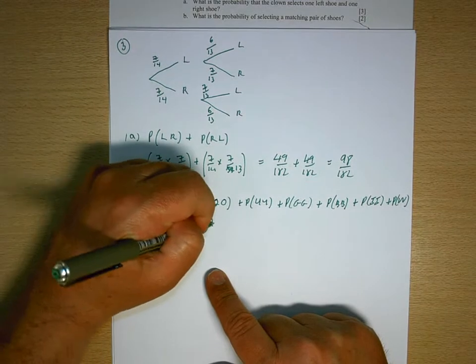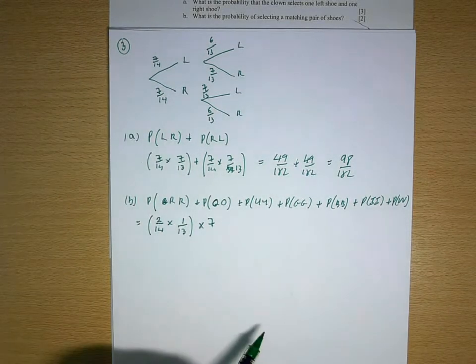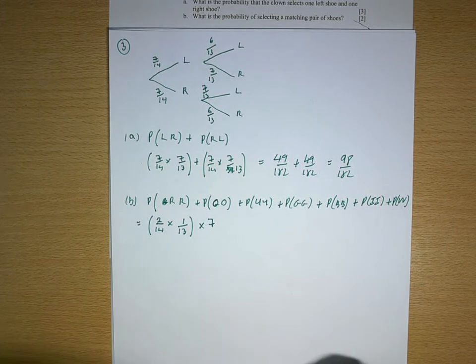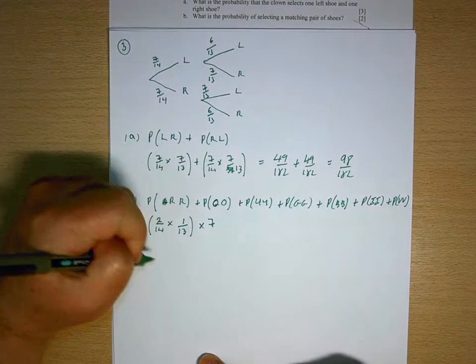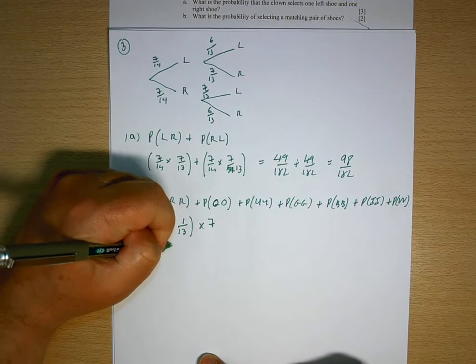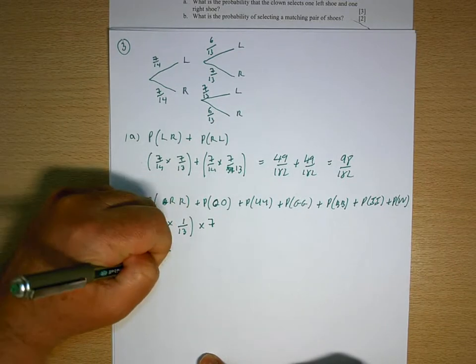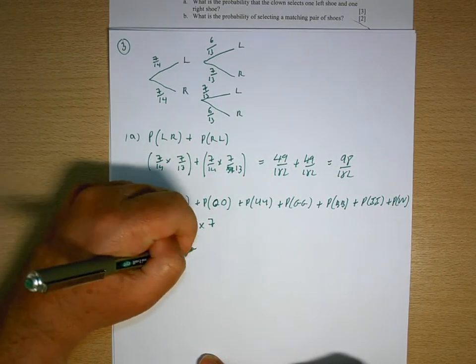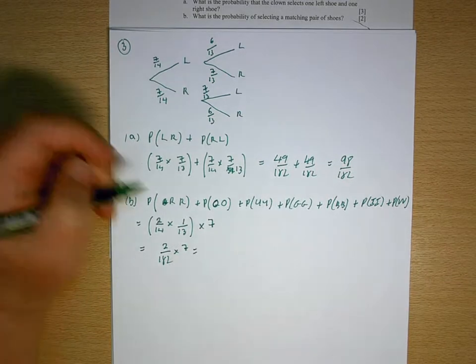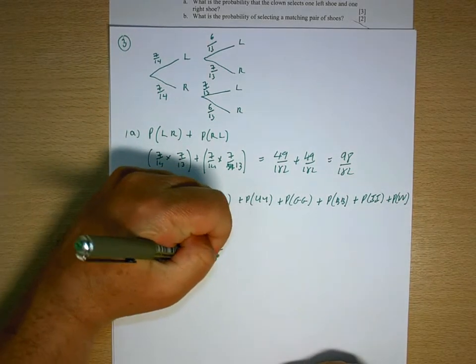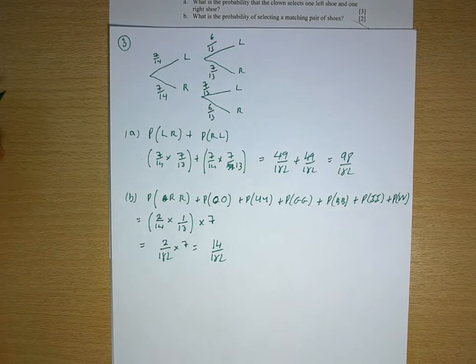So we end up multiplying that by 7, because they'll all end up the same probability. So that will be 2 out of 182 times 7, which will be 14 out of 182.